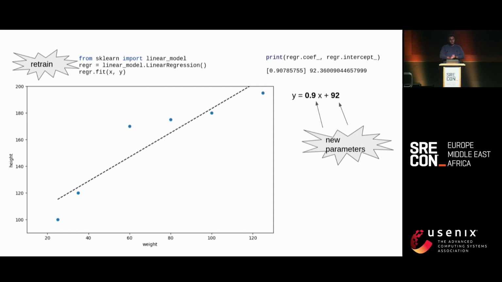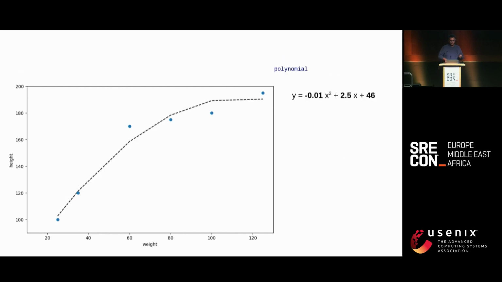Now this model is still not good enough to give accurate predictions, because we all know that a linear model is not expressive enough to give the prediction that we are looking to make, which is to say, if your weight is this, your expected height should be that.